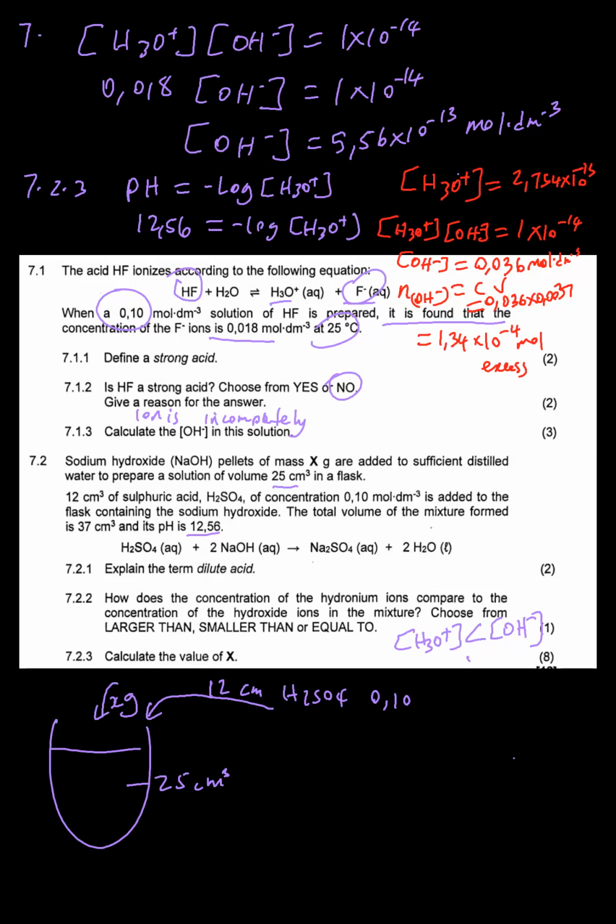Okay, how can we calculate the number of moles that reacted? The number of moles of sodium hydroxide in excess is the OH minus hydroxide.